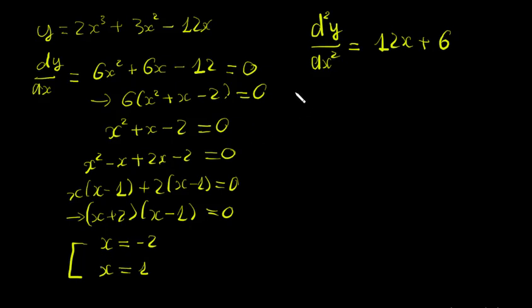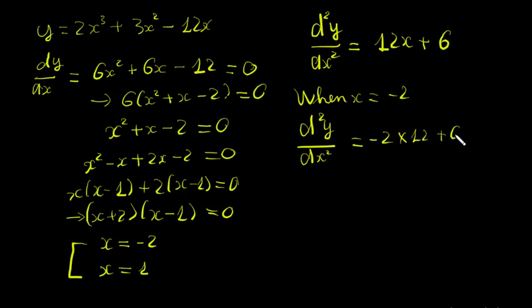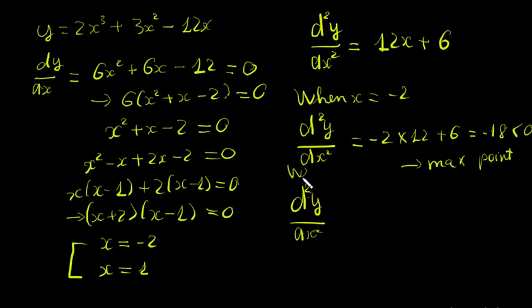When x equals minus 2, d squared y over dx squared equals minus 2 multiplied by 12 plus 6, which is minus 18, smaller than 0, so it is a maximum point. When x equals 1, d squared y over dx squared equals 12 plus 6, equal to 18, which is greater than 0. So this will be a minimum point.